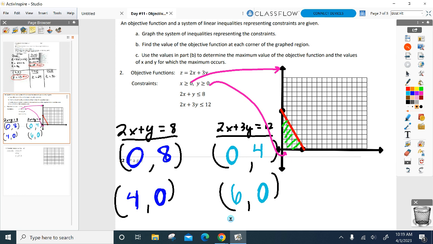And then now we have to graph the other diagonal line. So 4 on the y, 6 on the x. Use a darn straight edge. I need to know where these bad boys intersect.